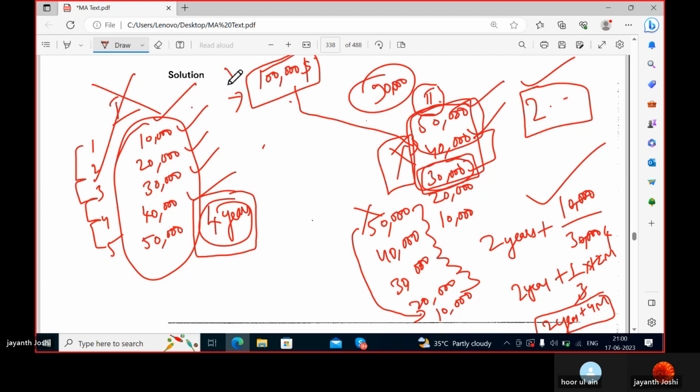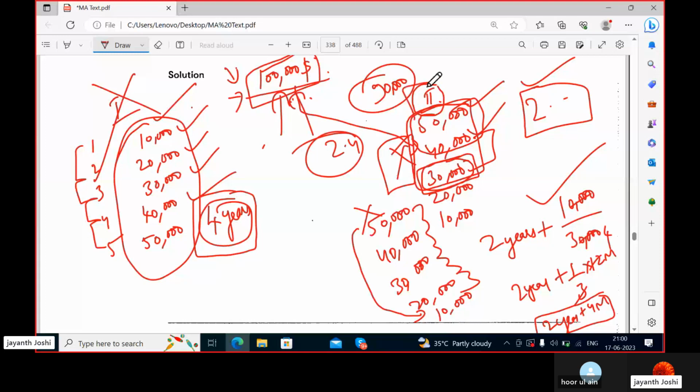That project which gives you your payback sooner, that project which can recover whatever you have invested as soon as possible. So here it takes only 2.4 years to recover my 100,000.